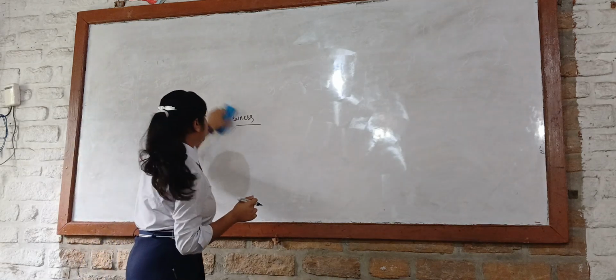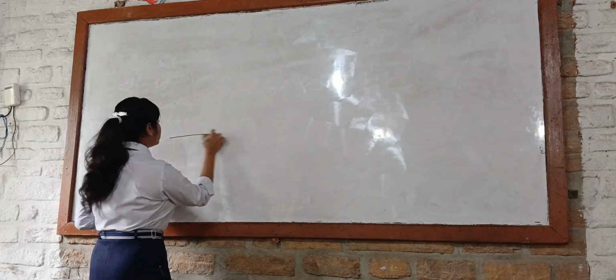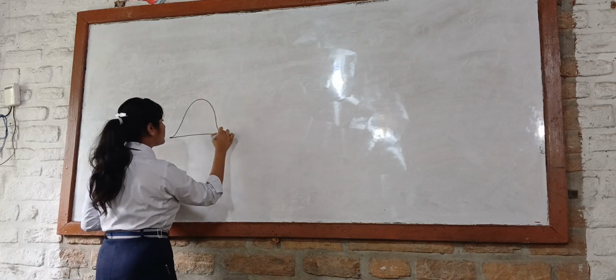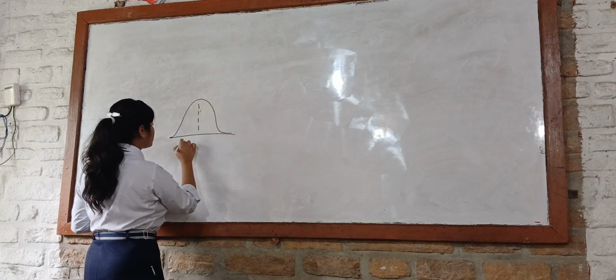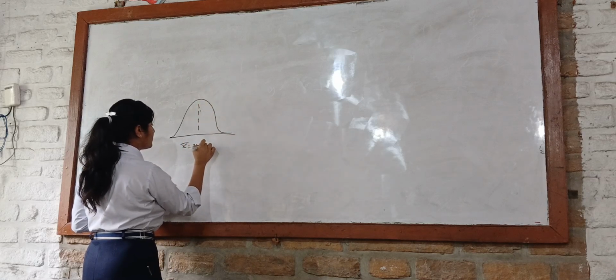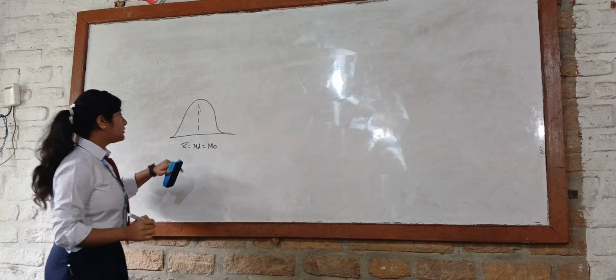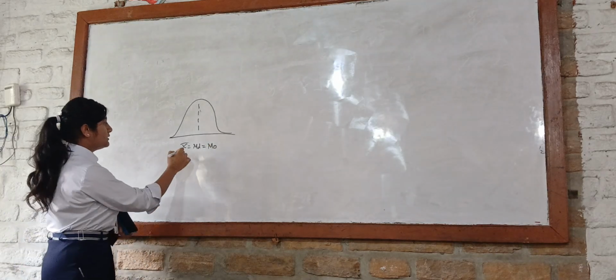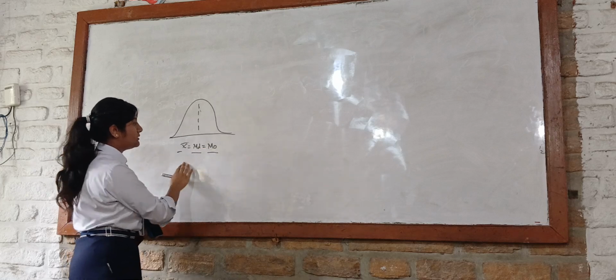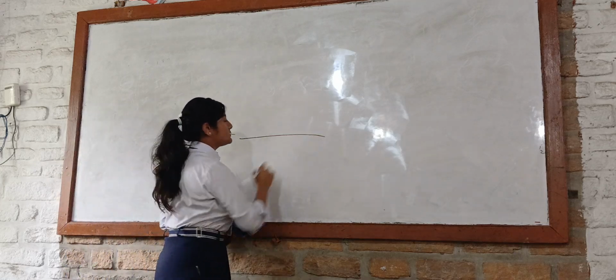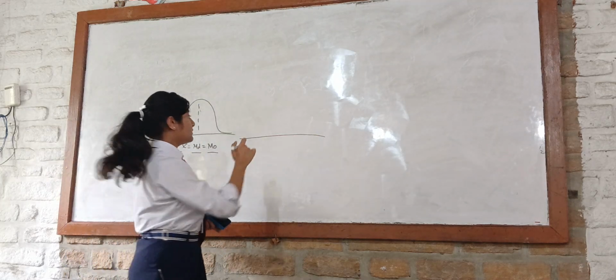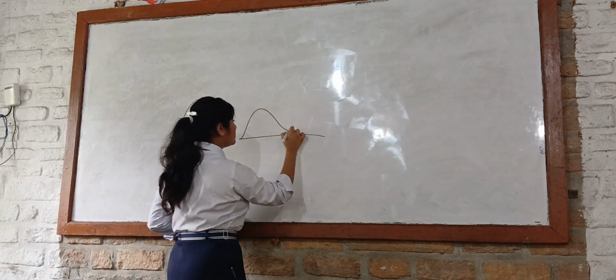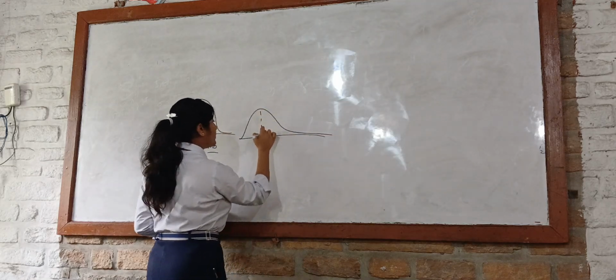So let me draw the graph and explain. This is known as symmetrical skewness, that is, here mean, median, and mode, everything is equal. So a frequency distribution where the curve has a longer tail on the right side is considered as positive skewness.